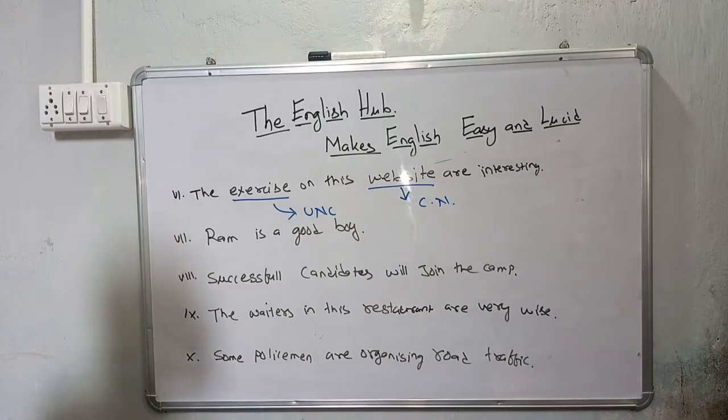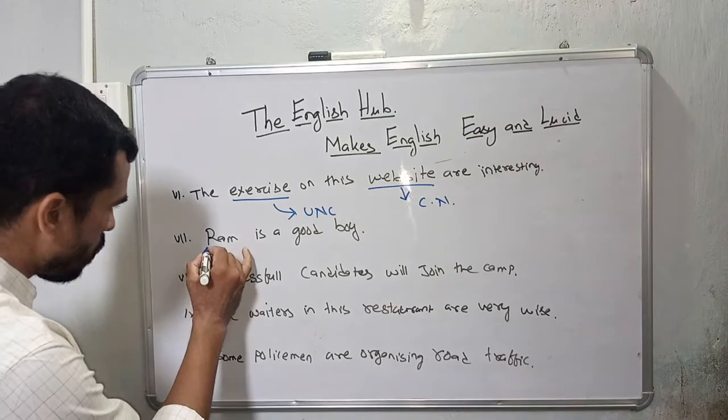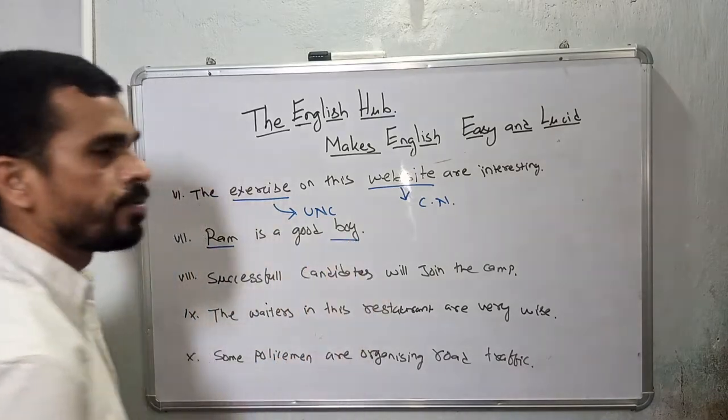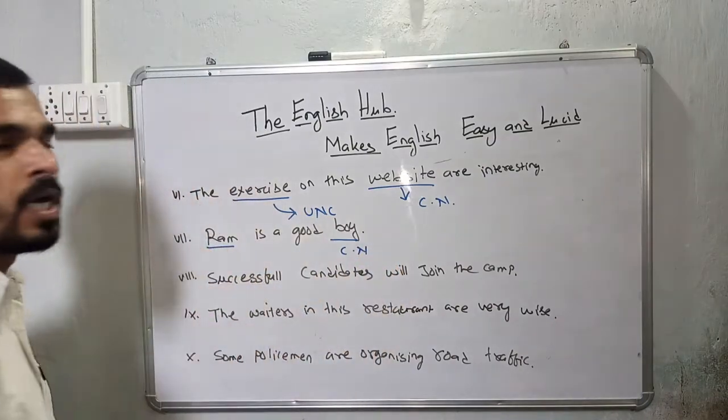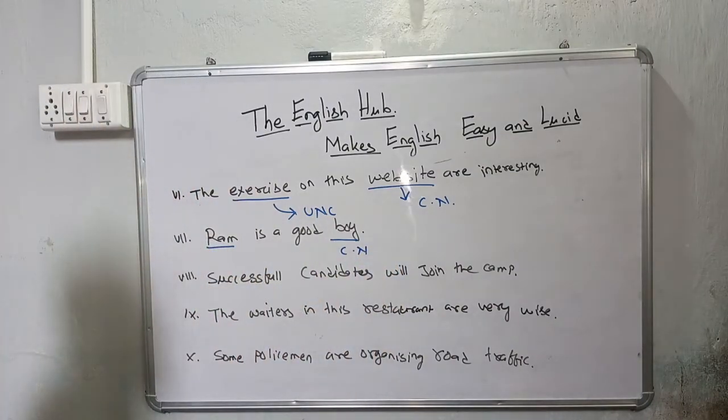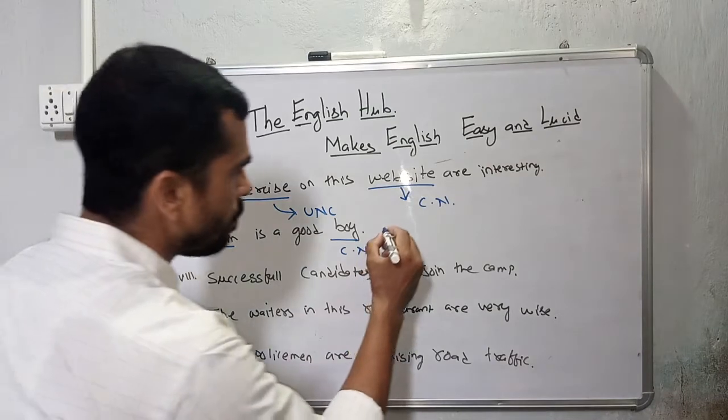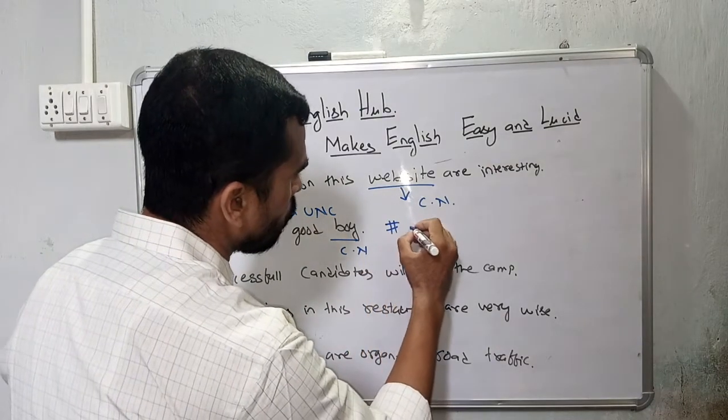Now, question number 7. Ram is a good boy. There are two nouns, Ram and boy. Boy is countable noun. What about Ram? As Ram is a proper noun, here you have to remember one thing.